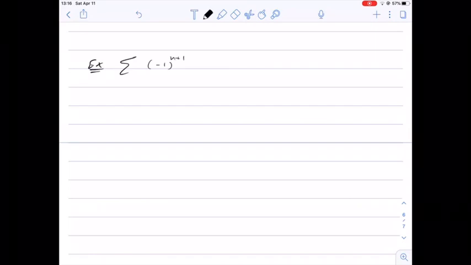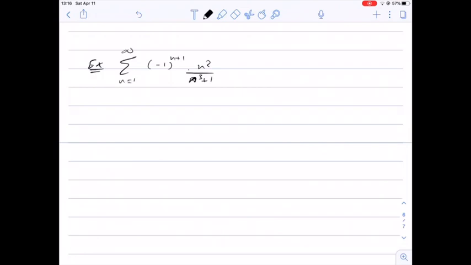Another example. The series (-1)^(n+1) times n squared over n cubed plus 1, n from 1 to infinity. Is this convergent?